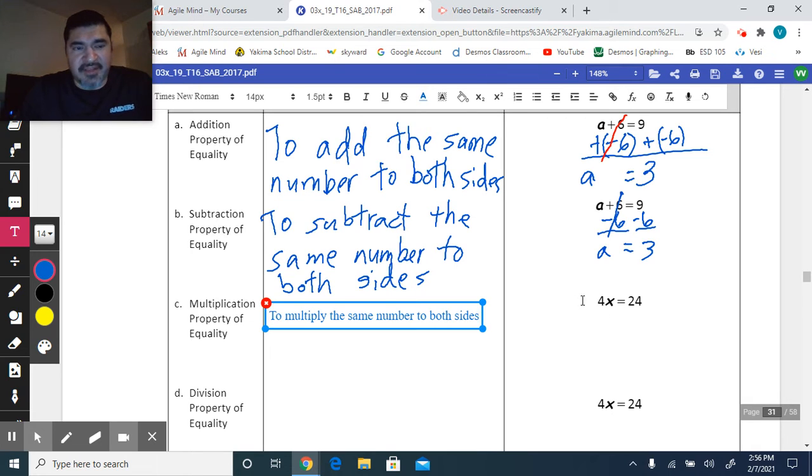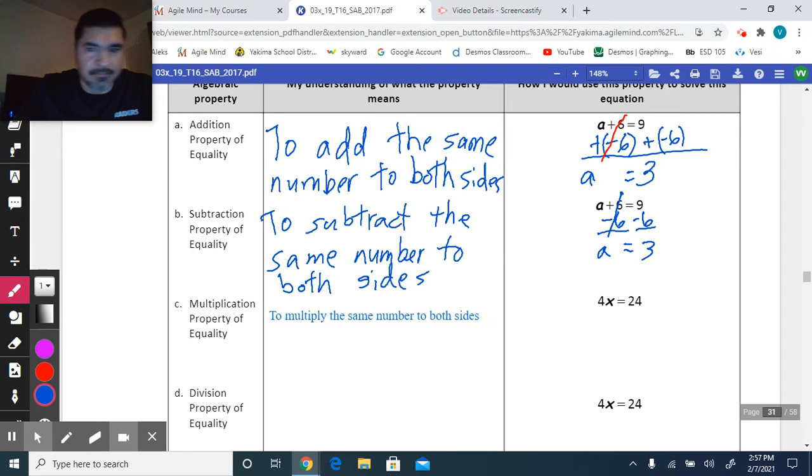Okay, and as we talked about earlier, dividing by 2 is the same thing as multiplying by 1/2. But they want us to use the multiplication property here. So I'm going to have to multiply by 1/4. So I'm going to multiply both sides by 1/4.